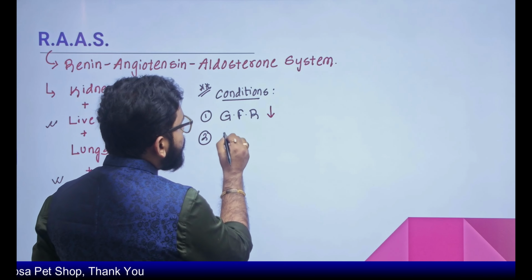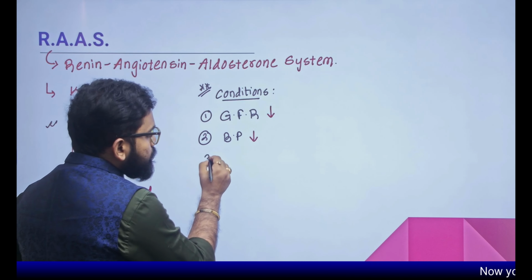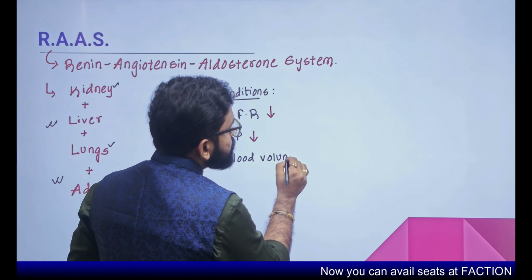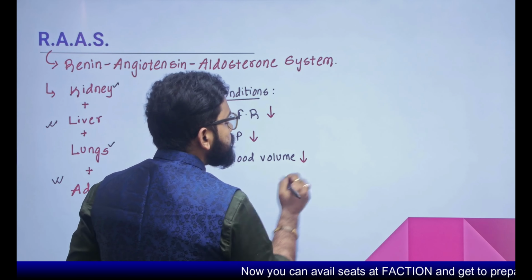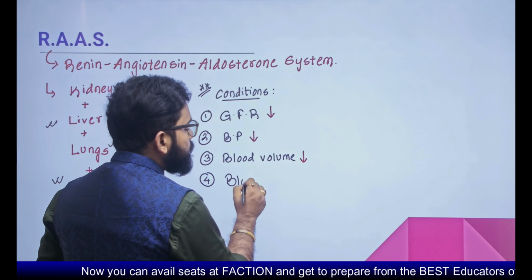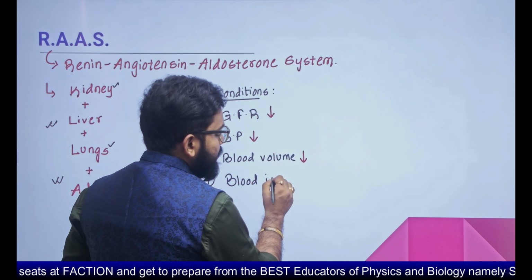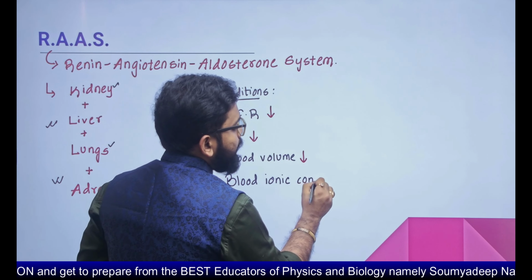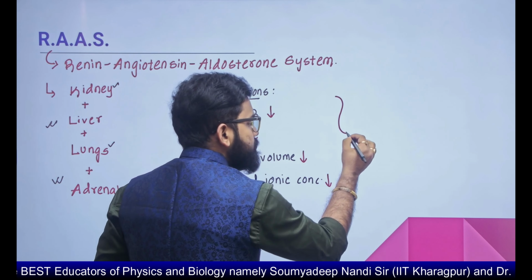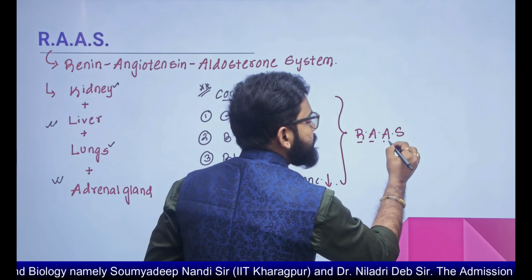Simultaneously, blood pressure will also be less, or the blood volume, you can say, will be less, or the blood sodium chloride levels, that is the ionic concentration, is less. In these conditions, this system is active, that is the renin angiotensin aldosterone system.